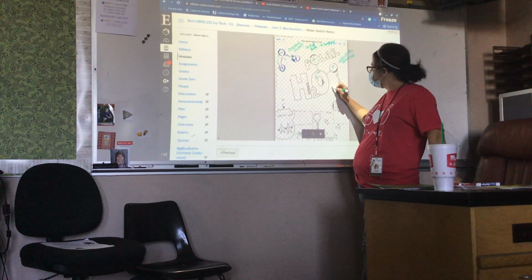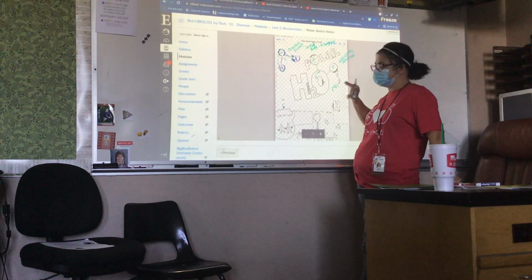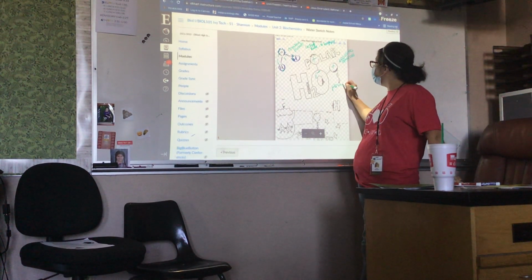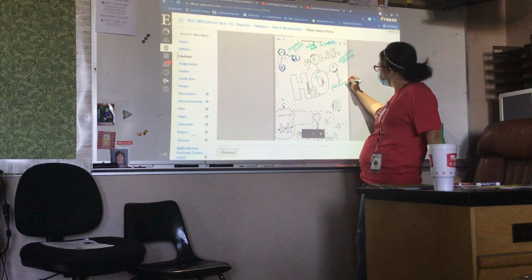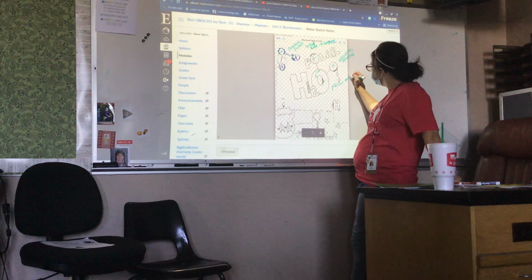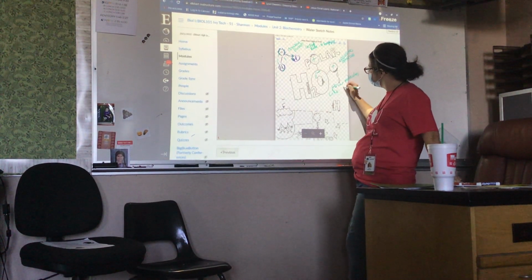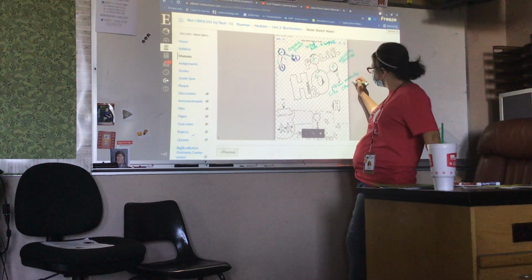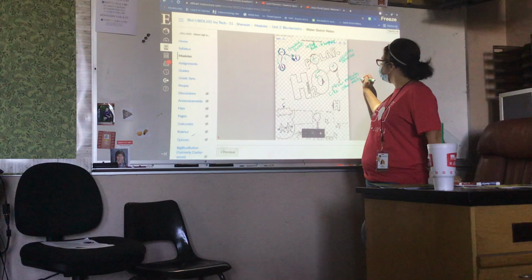Okay? So remember, polarity, polar just means uneven distribution, okay? Polar means there's some charge things going on within it. Polar molecules like other polar molecules. So they get close to each other.